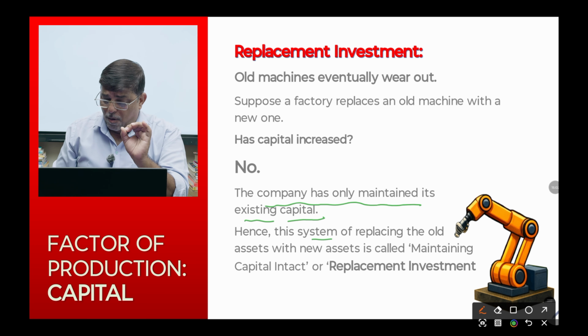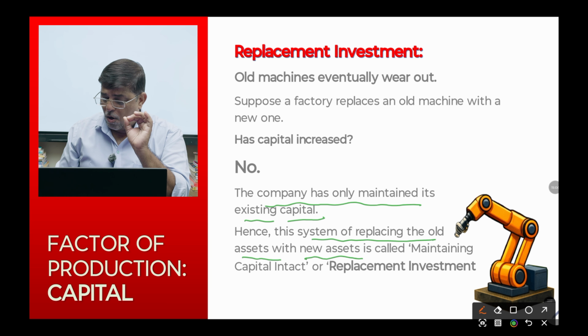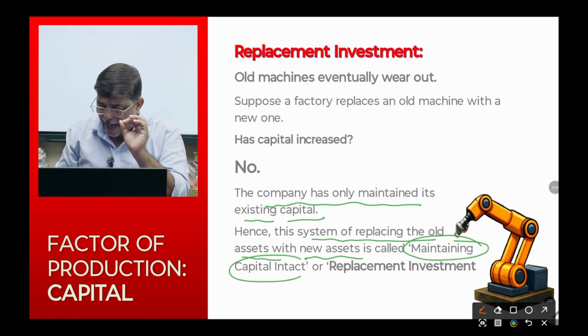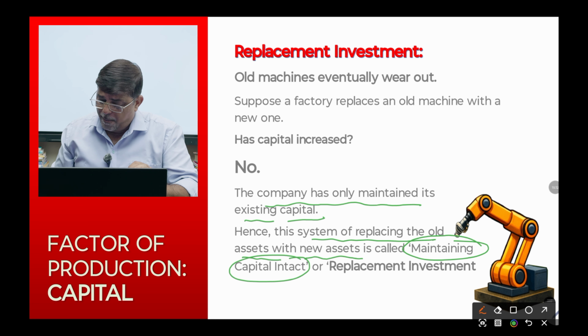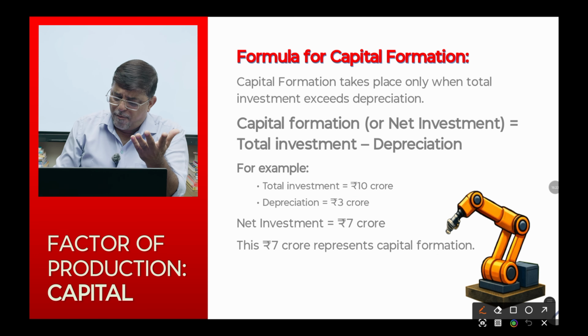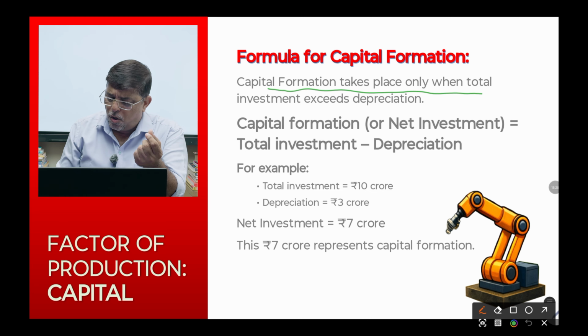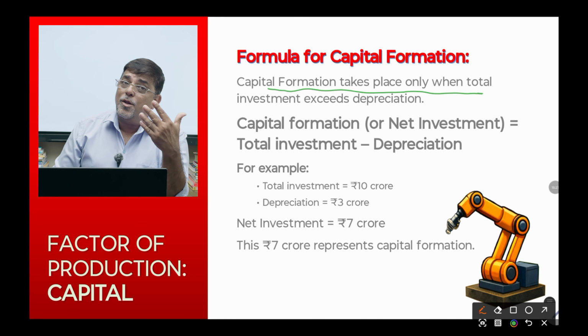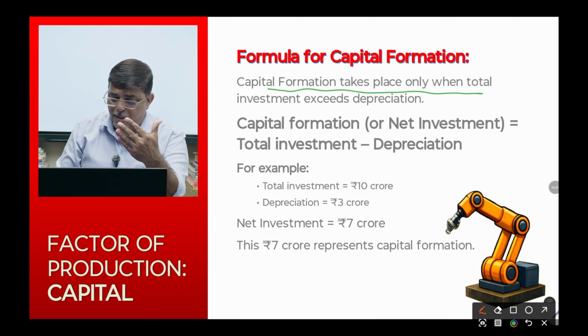So this system of replacing the old assets with the new assets is called maintaining capital intact, or also called replacement investment. And that's why, my dear students, capital formation takes place only when total investment exceeds depreciation.